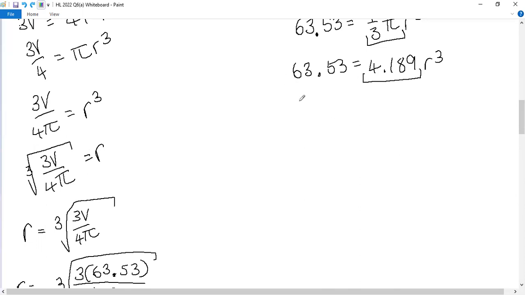However your algebra is set in your head, it doesn't matter too much because the end result is the same. I'm going to have 63.53 divided by 4.189, and that's r cubed. Not forgetting about that cubed, okay?